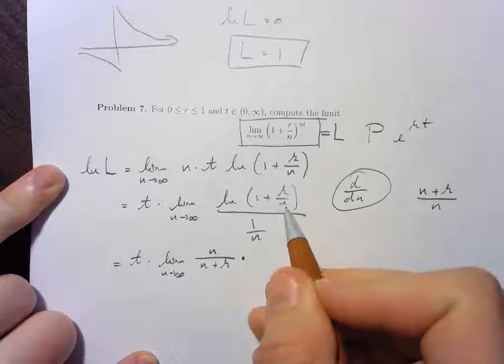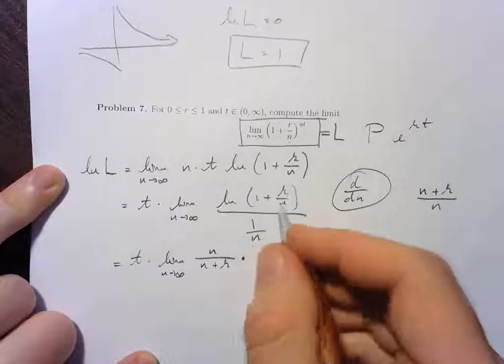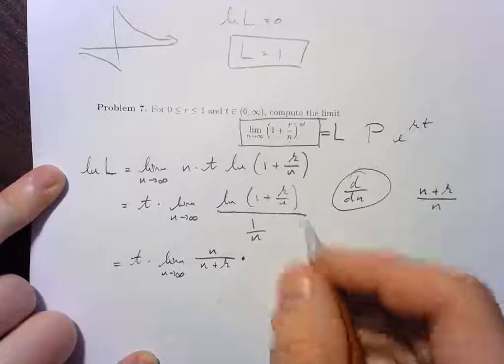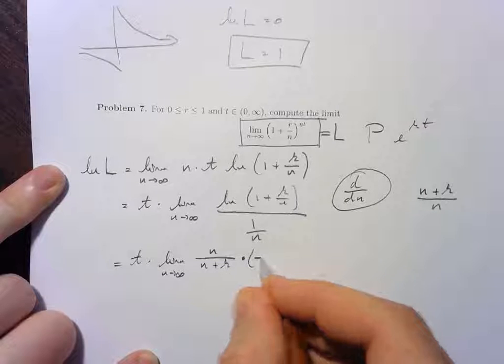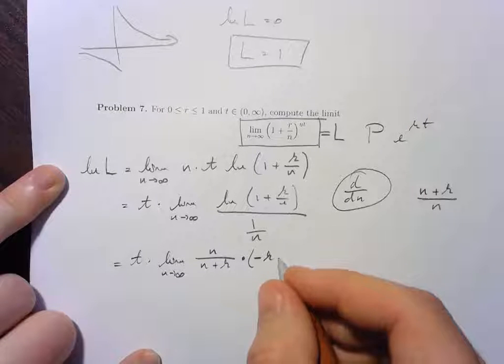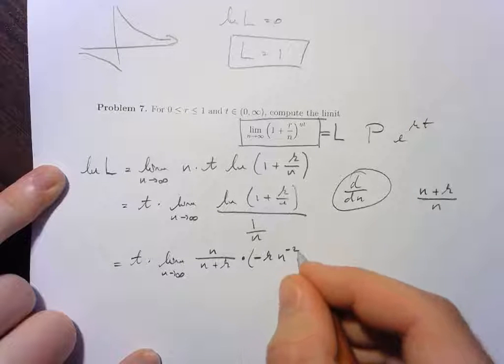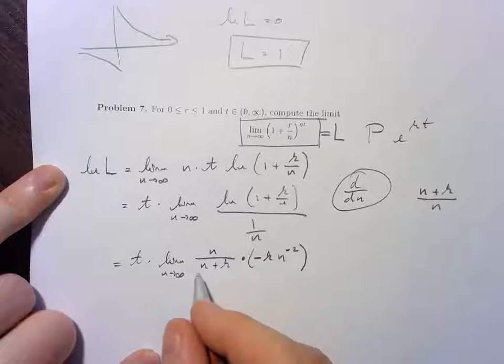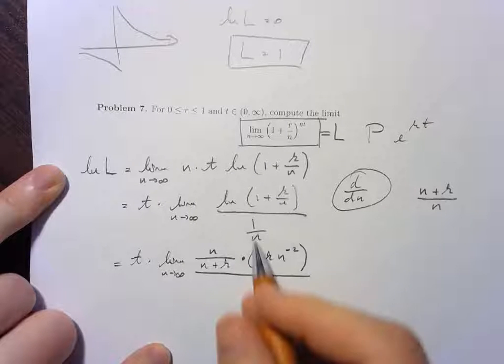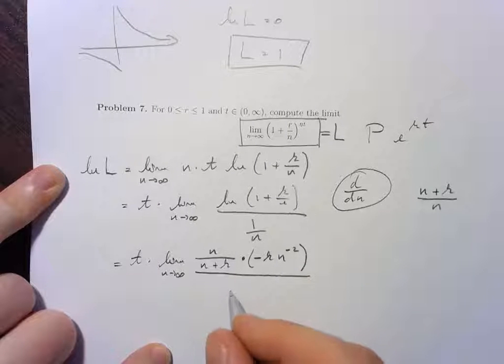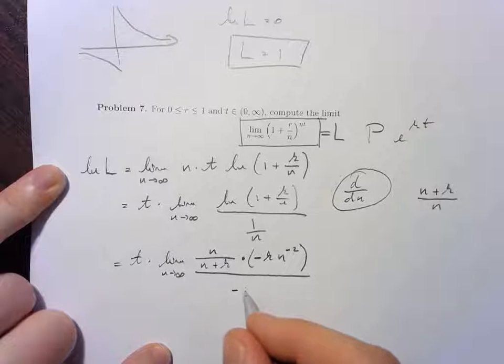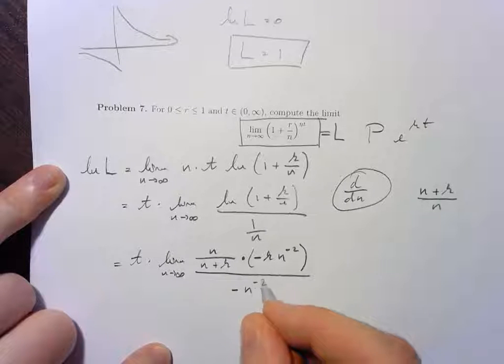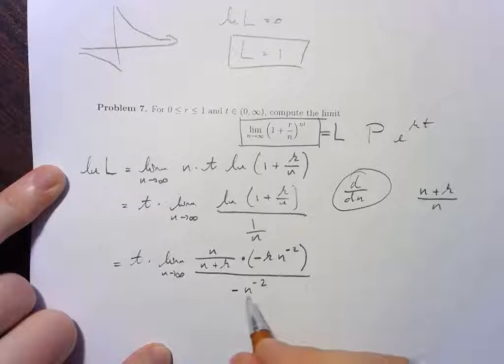I'll use this form to take the derivative of the inside. This is r n to the minus 1, so it's negative r n to the minus 2, divided by the derivative of 1 over n, which is negative n to the minus 2. So that lets me cancel the n to the minus 2 and the negative sign also.